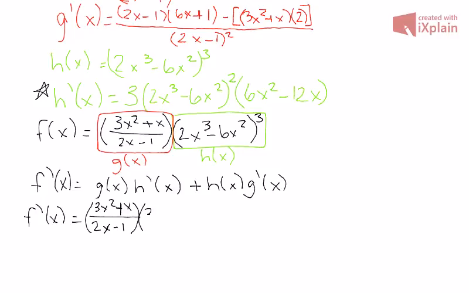We have times 3 times 2x cubed minus 6x squared times 6x squared minus 12x.